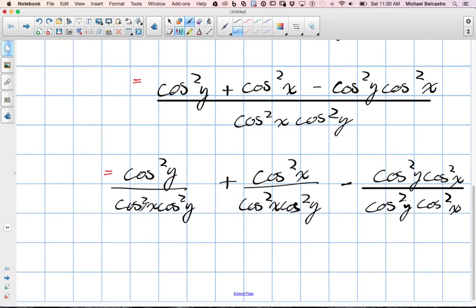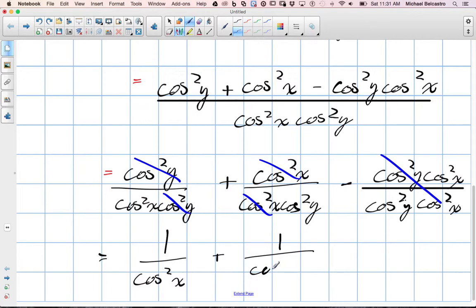It doesn't matter the order. I know I changed the order in that denominator. Now we can do some simplifying. This cos squared y and this cos squared y cancel out and create a 1. This cos squared x and this cos squared x cancel out and create a 1. And this entire fraction is just equal to 1. So now we have 1 over cos squared x plus 1 over cos squared y minus the value of 1.